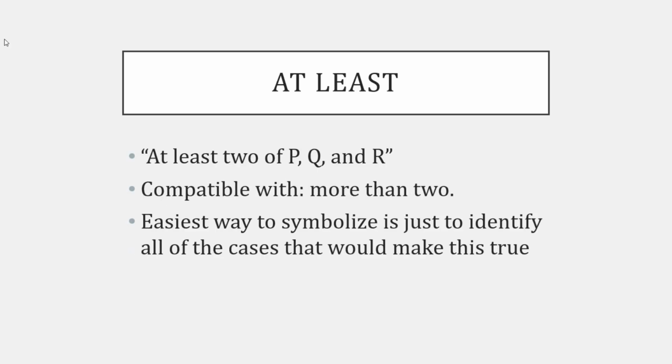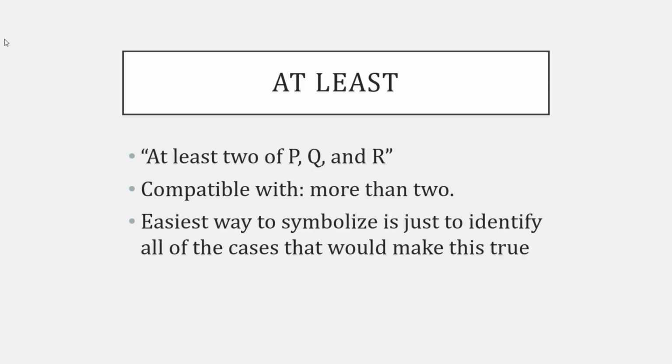How about at least 2 of P, Q, and R? At least 2. Slightly trickier. Just to note, at least 2 is compatible with 3 of them, right? At least 2 of P, Q, and R is compatible with all 3 of them. I'm going to need at least 2 of you to do something.